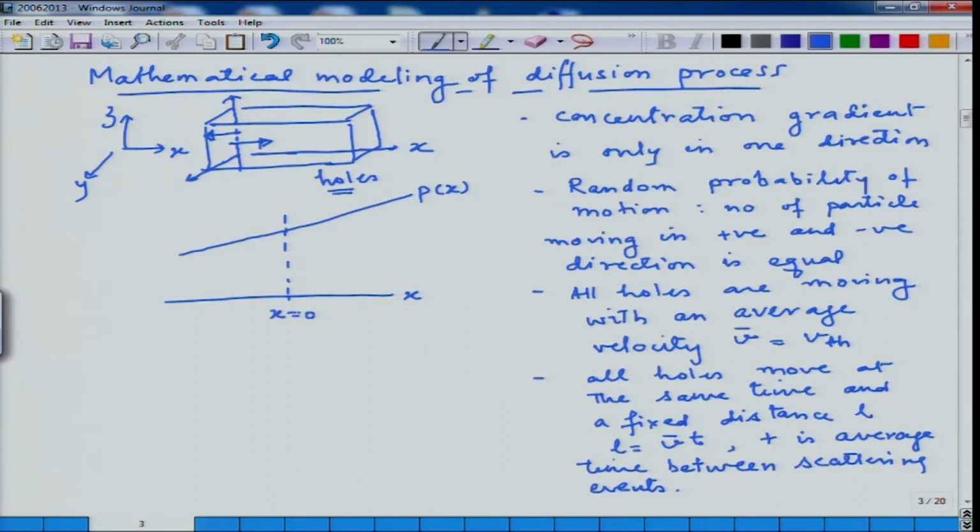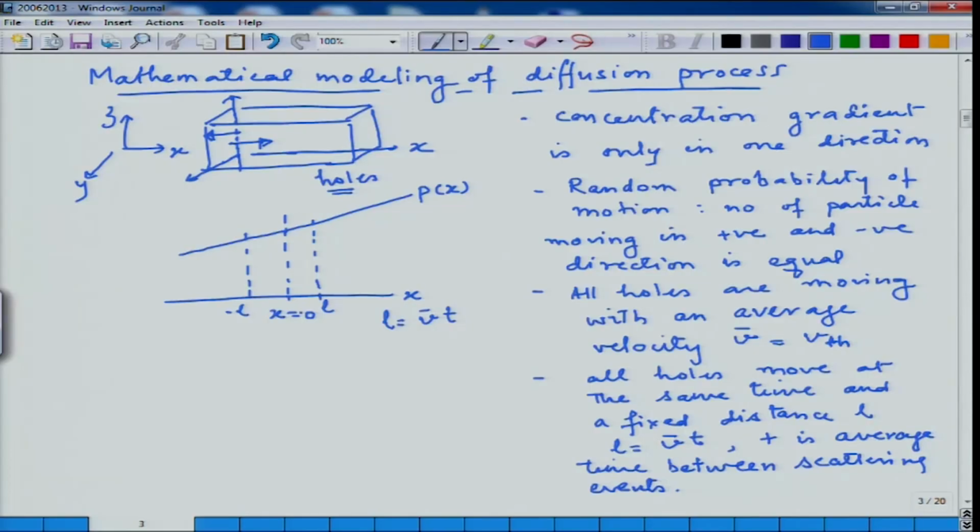There is a mean free path for carriers, which is L, for all holes, and this mean free path is given by the average velocity times t, the time between the scattering events.